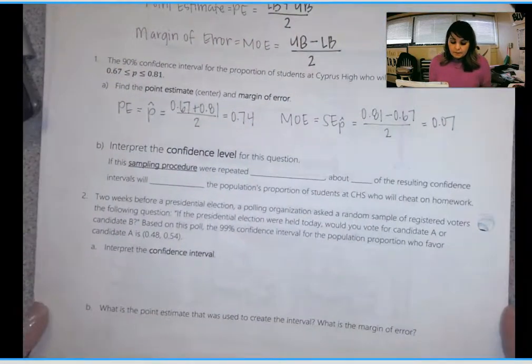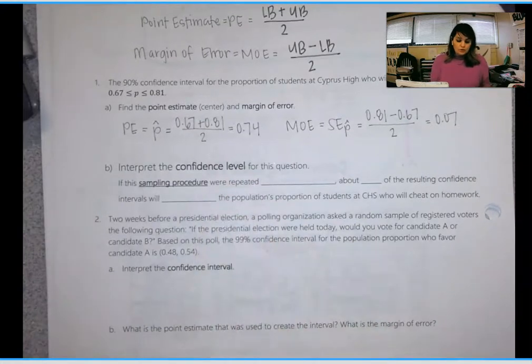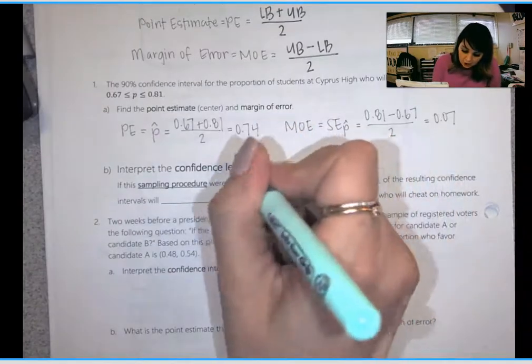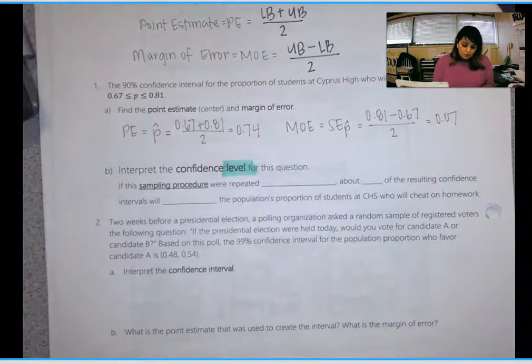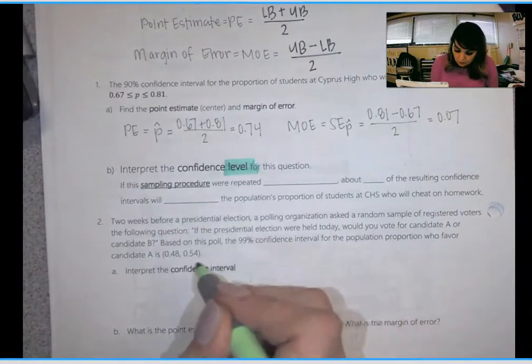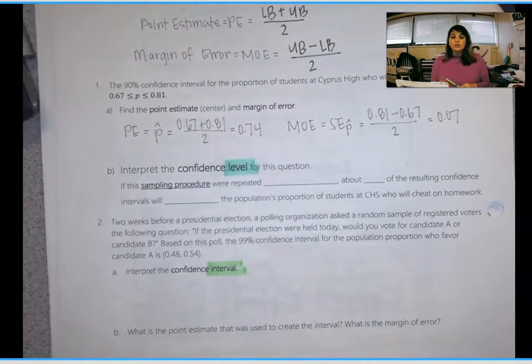Okay, next up, it's asking us to interpret confidence level for this question. And I want you guys to highlight the fact that they're asking for confidence level. Down below in the next question, they're asking us to interpret the confidence interval. Those are two separate things.